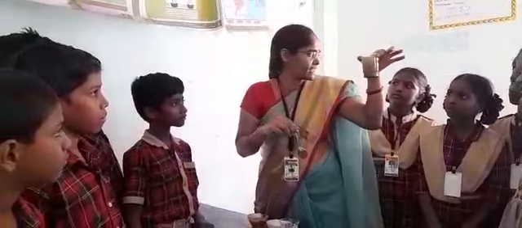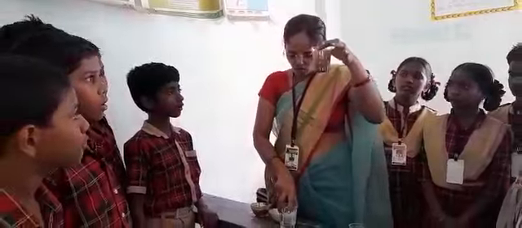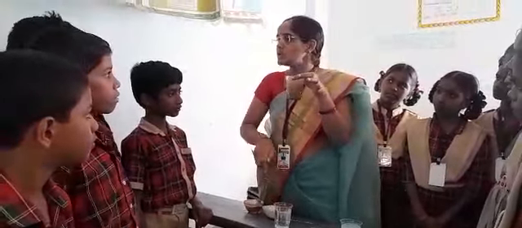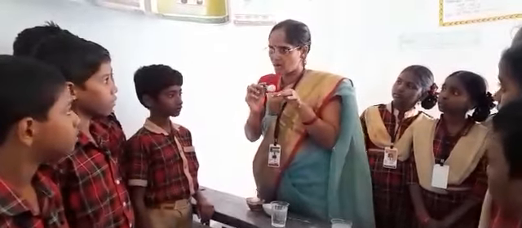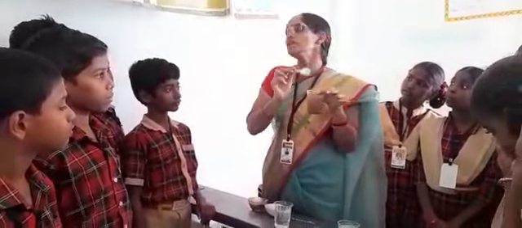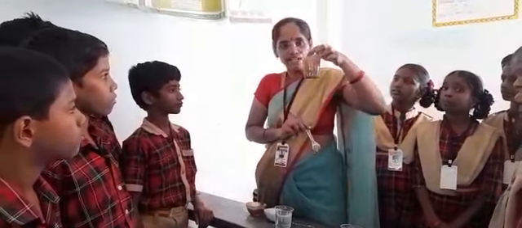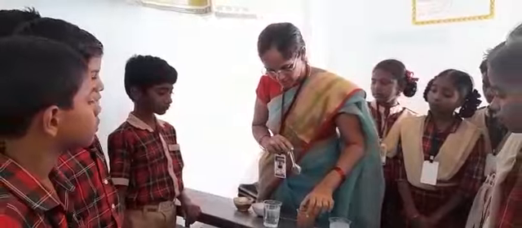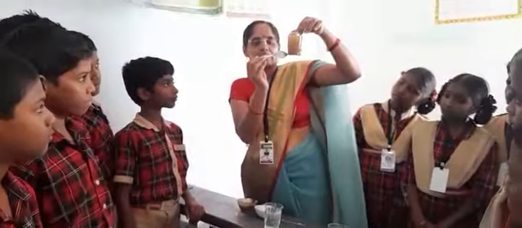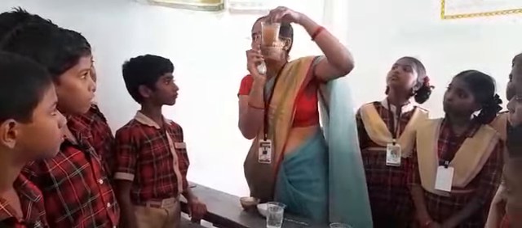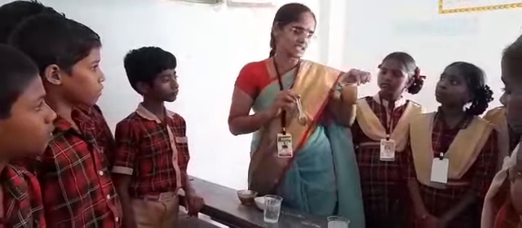Is this water clear just like salt water? No. So here, what is the solute? The solute is the sand which we have mixed, and the solvent is water. In this, the solute does not get dissolved in the solvent. If you leave this mixture for some time, all the sand which we have mixed will settle at the bottom. Such mixtures are called heterogeneous mixtures.